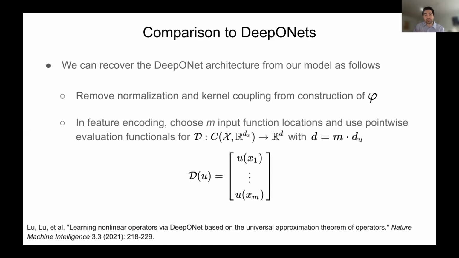And we also, in the feature encoding, instead of using the scattering transform or this kind of spectral expansion as the first component, would consider that fixed feature part calligraphic D as a collection of delta functionals that just give you pointwise measurements. If you do these two things, you effectively have a DeepONet.